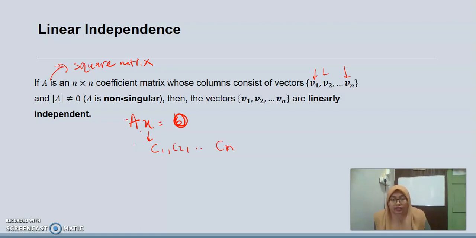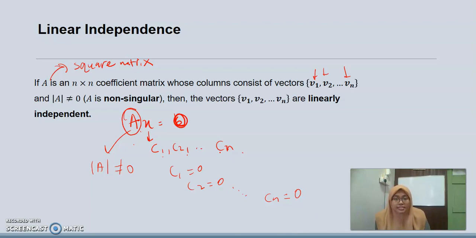Okay. If the determinant of A does not equal 0, that means there exists a unique solution for C1, C2 up until Cn. So that solution will be C1 equals 0, C2 equals 0, up until Cn equals 0.